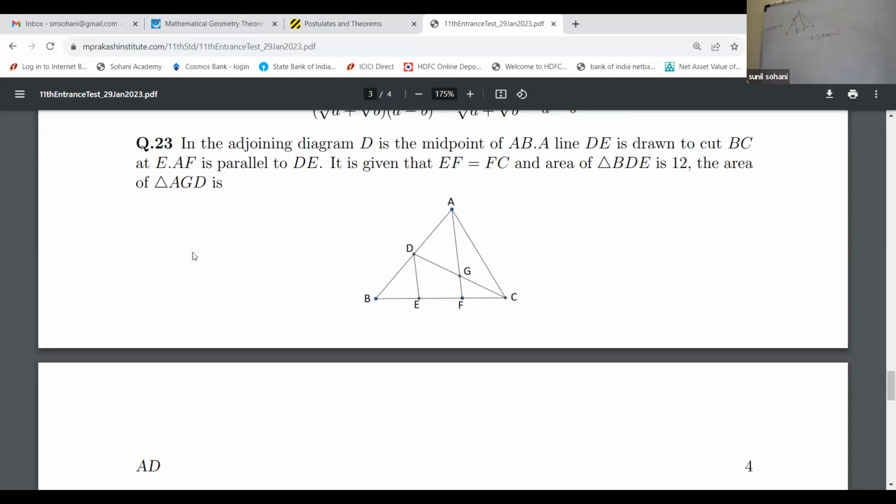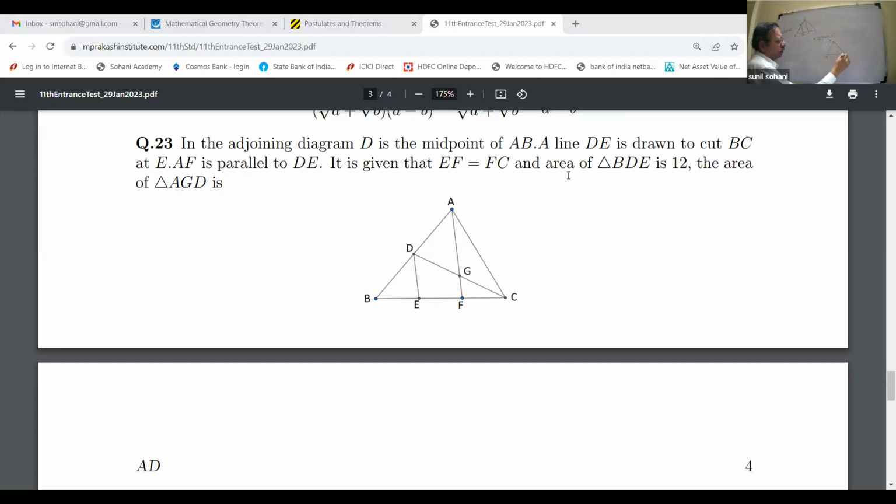Okay, this question is entirely based on midpoint theorem and some triangle area properties. And midpoint theorem, you know, when two lines are parallel in a triangle, and if one is a midpoint, the other side will be midpoint. So midpoint theorem I can explain you here with another sketch.